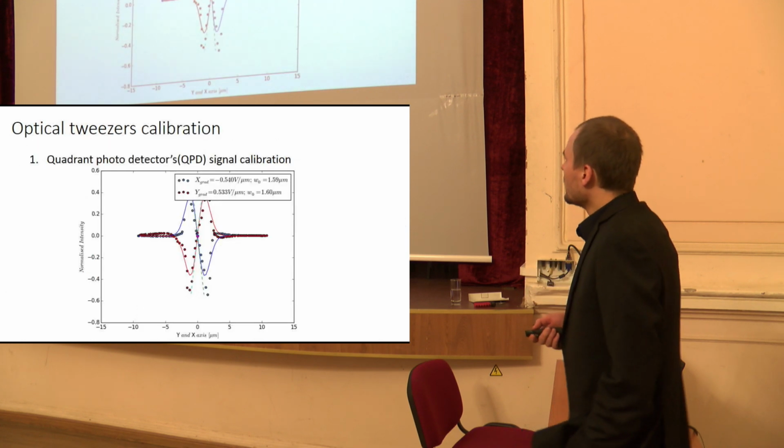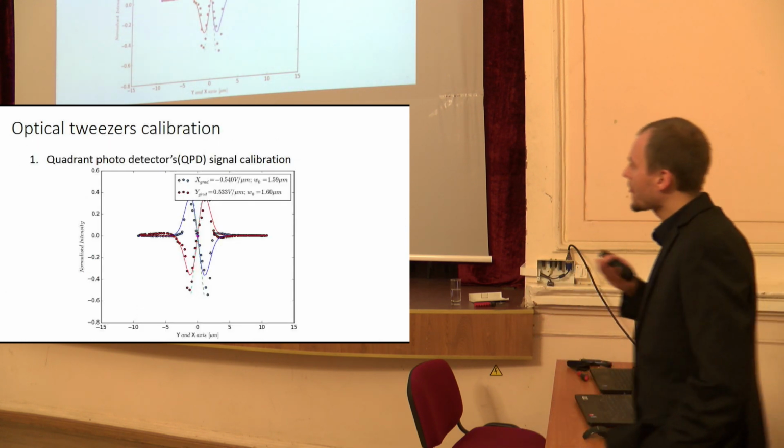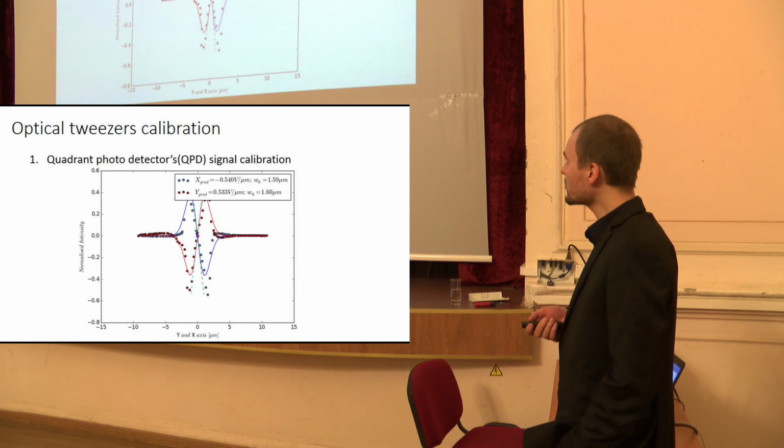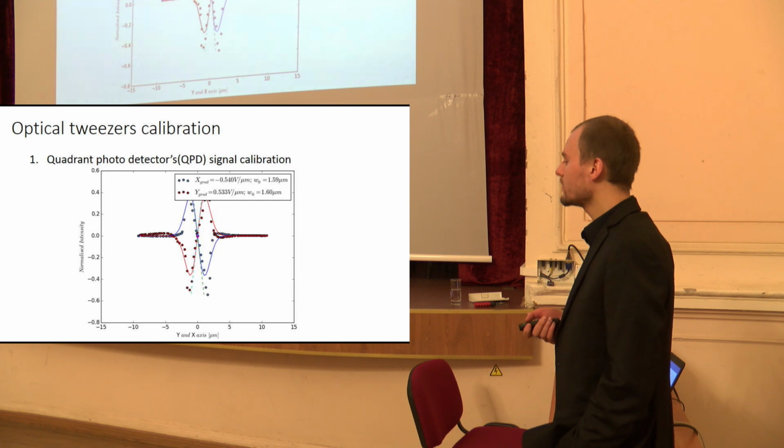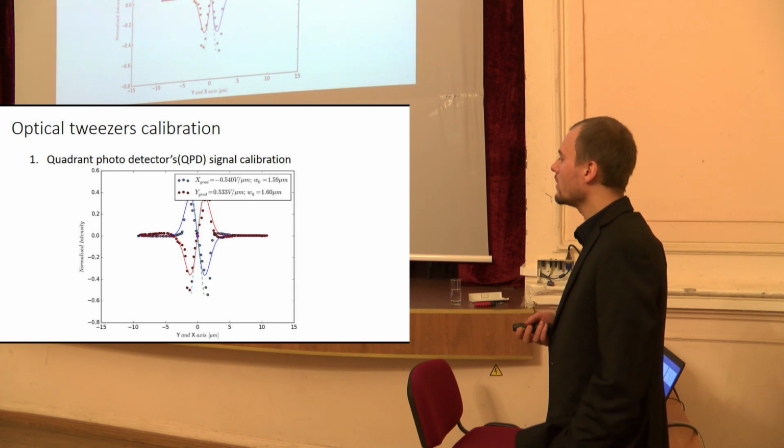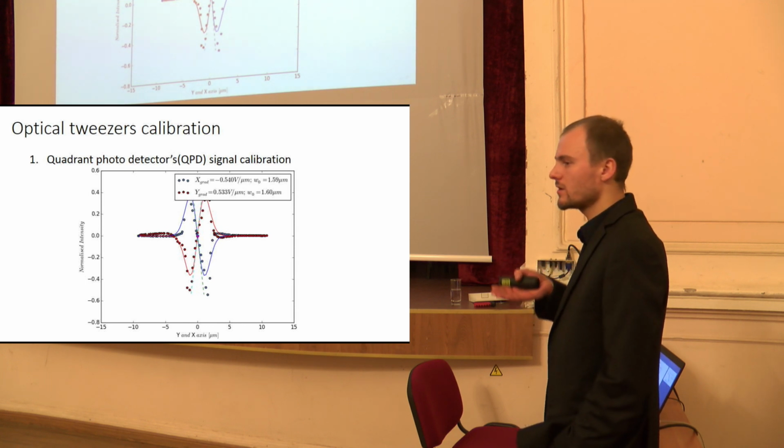When we get to the measurements, first we have to calibrate the tweezers. First we make the sample, and we let the beads in the sample settle down due to gravitational effects.